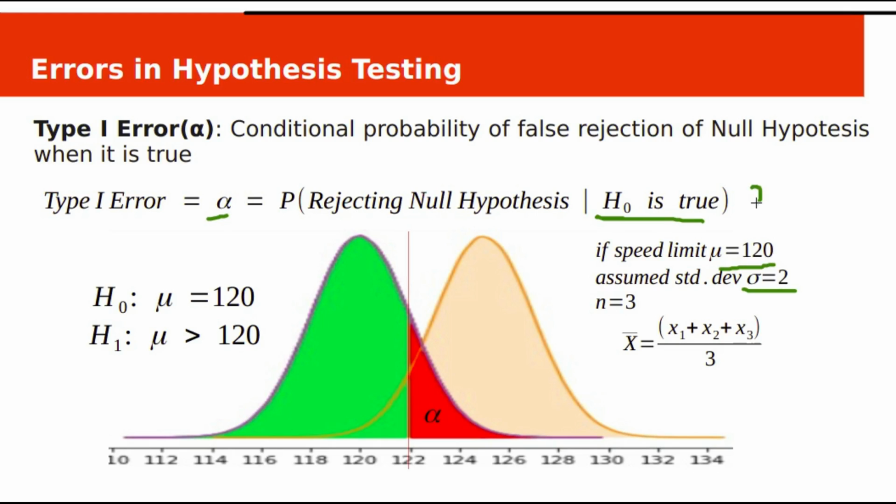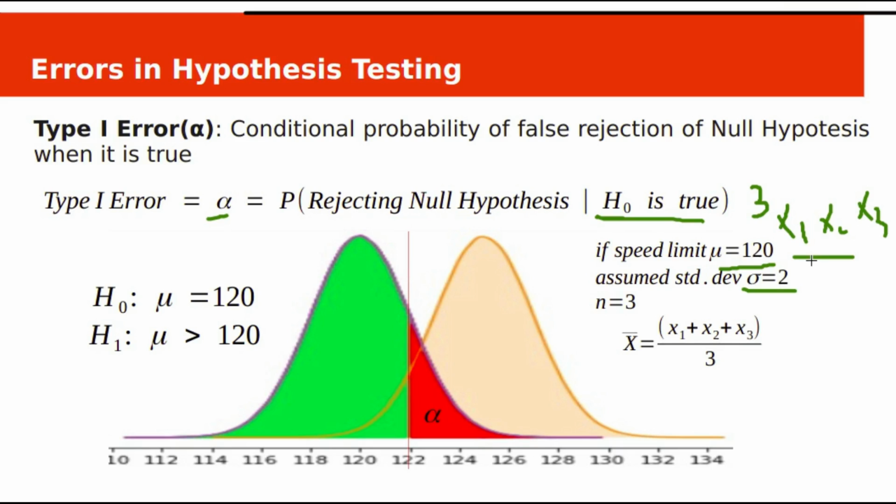Suppose traffic police conduct 3 measurements of the speed of the vehicle, recorded as random samples x1, x2, x3. The traffic police will or will not fine the driver depending on the average speed of these 3 measurements. So here the statistic is the sample mean x bar, the average of x1, x2, x3.